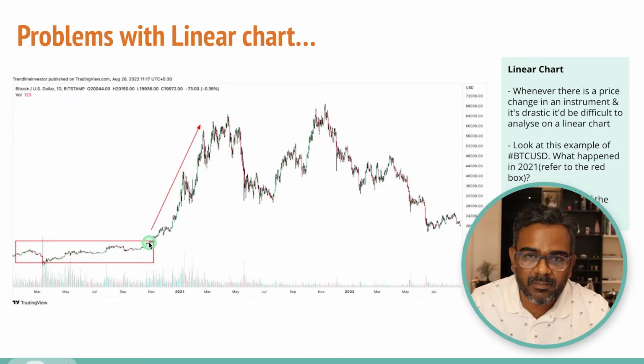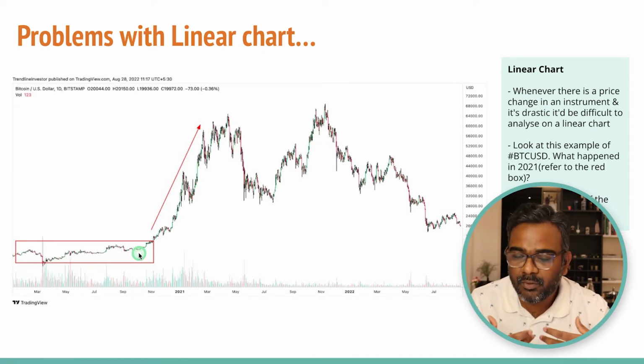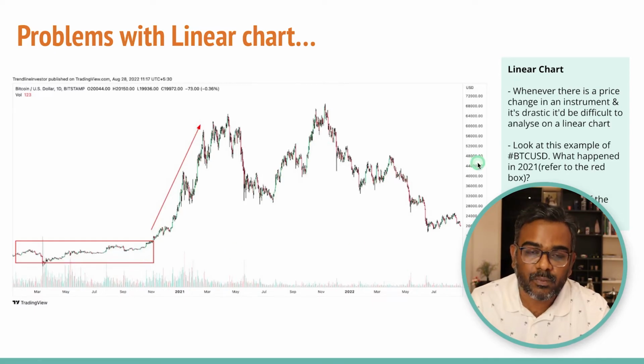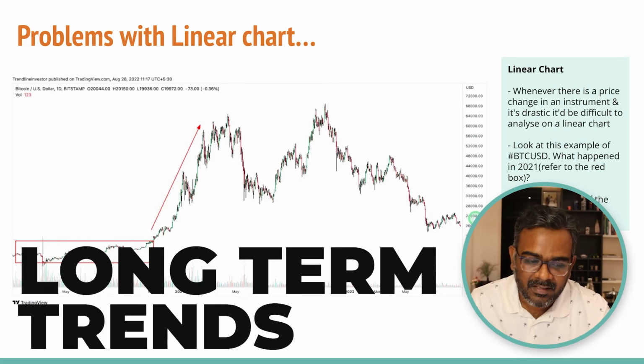Since there was a phenomenal, drastic move in the price of Bitcoin, you cannot really see what has happened here. It's very difficult to analyze the chart and say what happened in that time, and you also cannot draw trend lines. All this is because of the equal spacing on the y-axis in a linear chart, and that's why linear charting is a big problem, especially when looking at long-term trends.